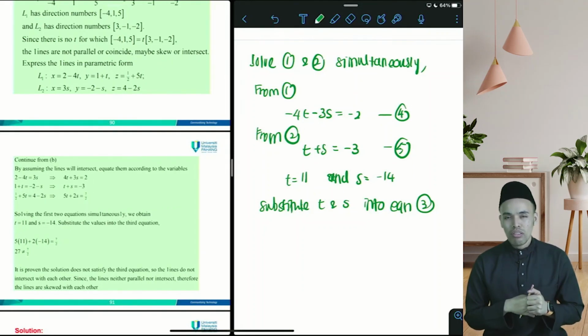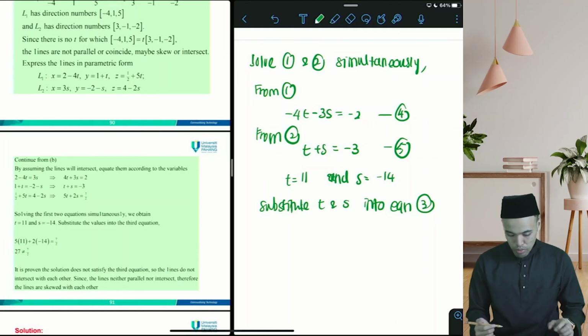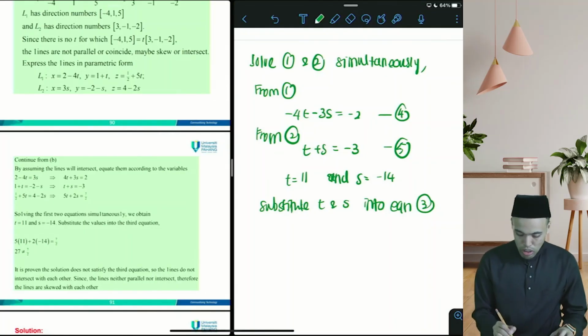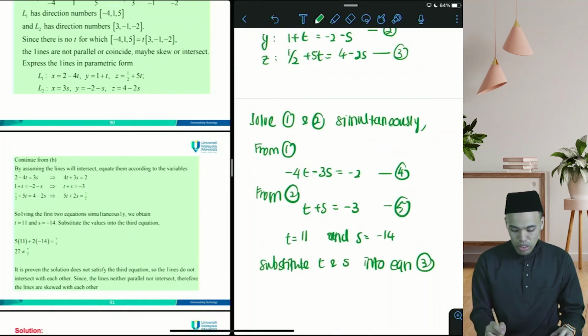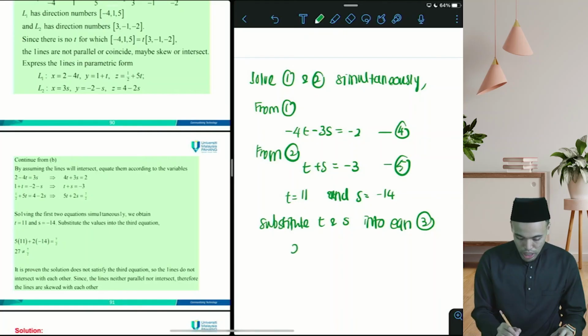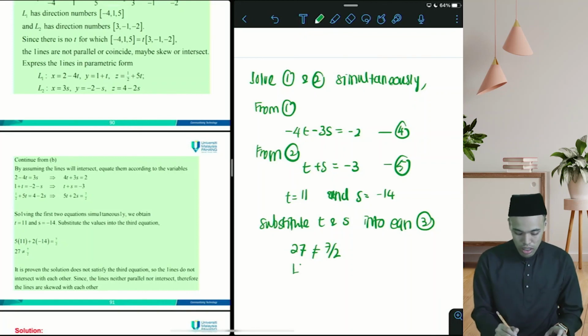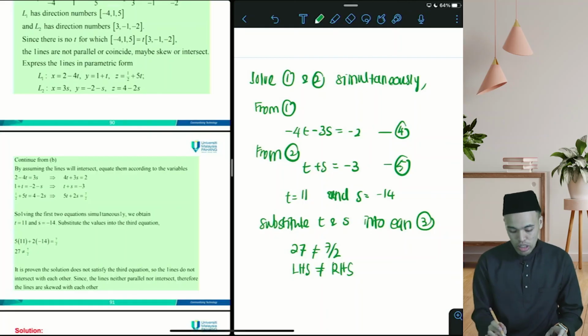If that happens, since you are able to show that the lines are not parallel to each other and do not intersect with each other, therefore they are skewed to each other. So in this case, when you substitute the value of t and s into equation 3, you will get 27 is not equal to 7 over 2. So left hand side is not equal to right hand side, which is a false equation.